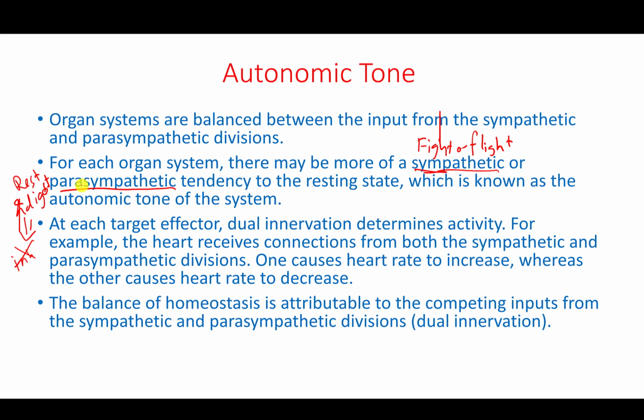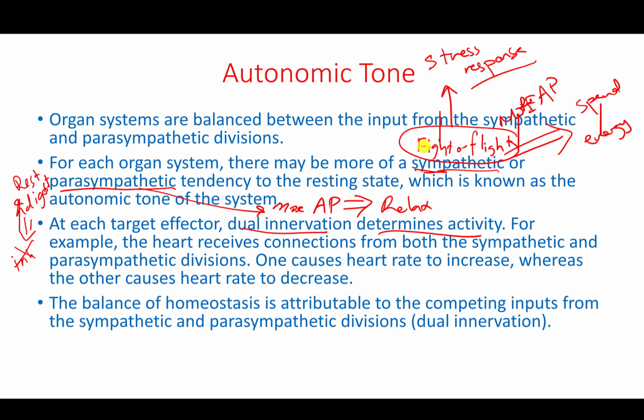So at each target organ, the dual innervation determines the activity. And we said if the parasympathetic is sending more action potentials, this means that the body in general will relax. Or if the sympathetic is sending more action potentials, then the body in general would prepare to spend energy. So which means, in general, that the balance of homeostasis is a competing effect from sympathetic and parasympathetic divisions.